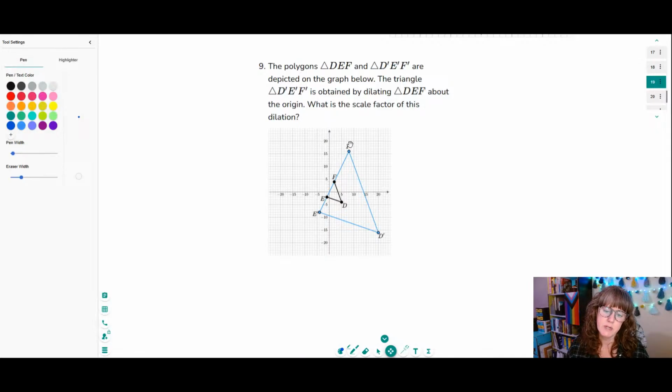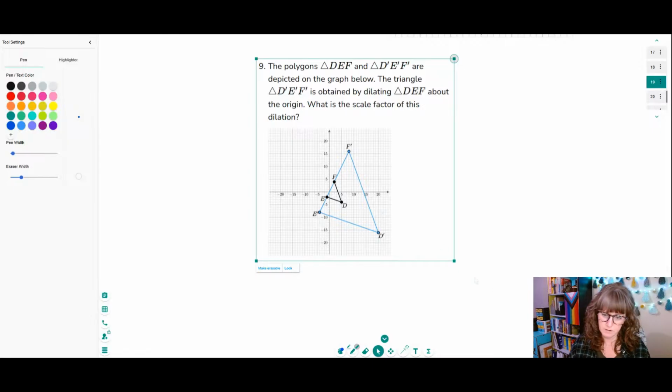Okay, so you can see that the blue triangle is the new image because they've got the primes for the vertices there, and the black triangle is the original. So we know that the scale factor has got to be greater than 1 because this triangle is clearly bigger than our original triangle here. So one way, I feel like this is a little too small.